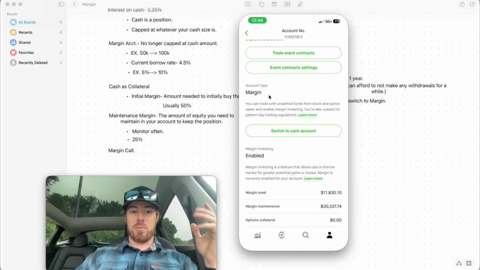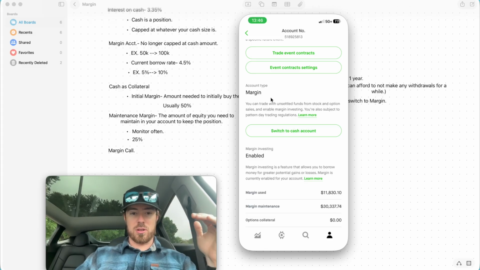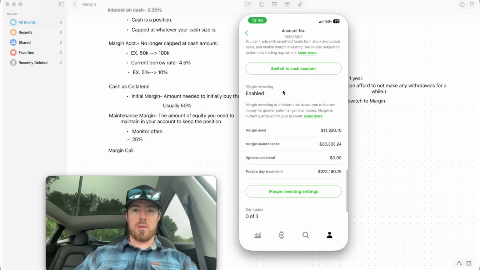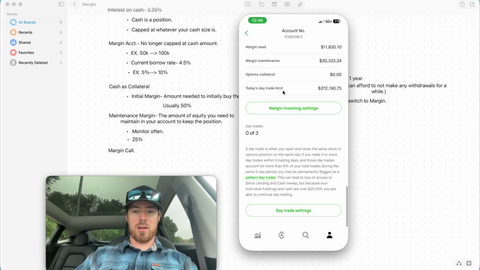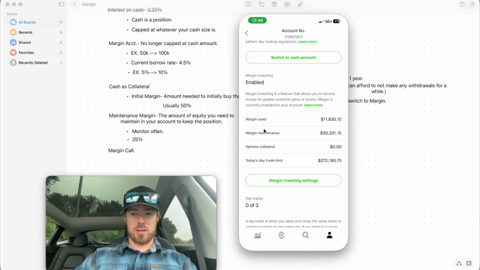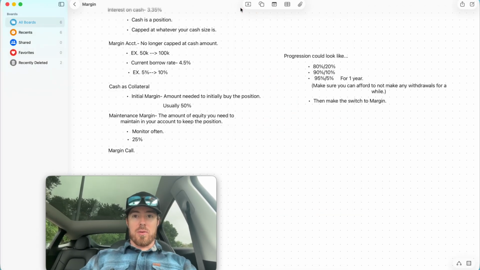I would read about that before you do it and make sure you have sold your stocks at profits and not in the negative before you just do this. But you keep scrolling down, and this is the same area that shows you your day trades and your margin, the same as on the classic account. So, okay, that is it for where you can find all that information.